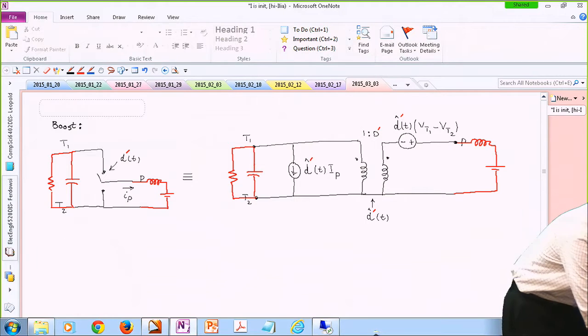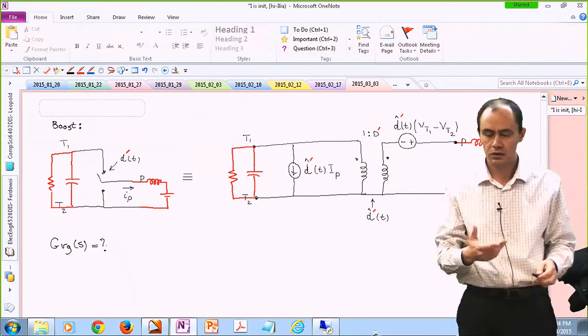So for instance, let's say we are looking for GVG, okay? Which is the audio susceptibility.